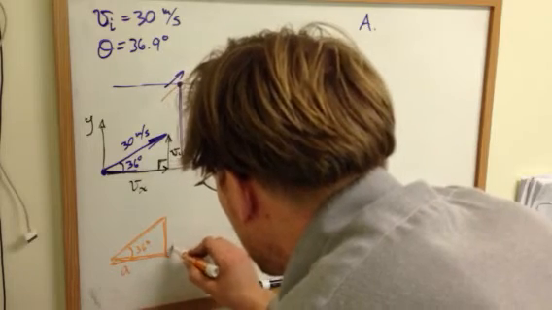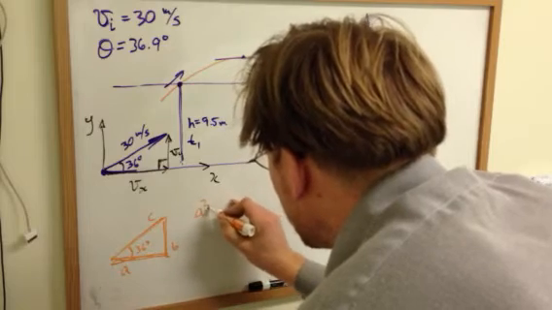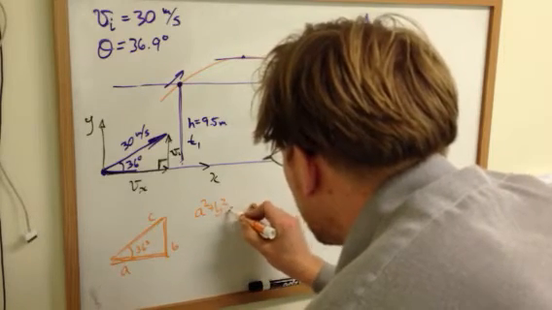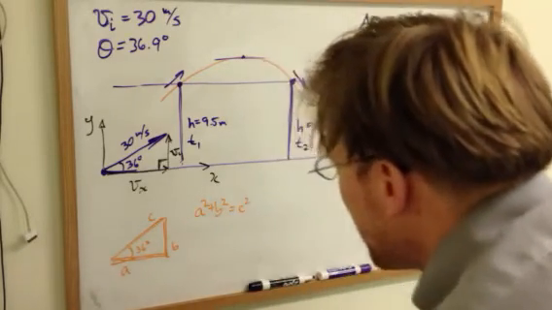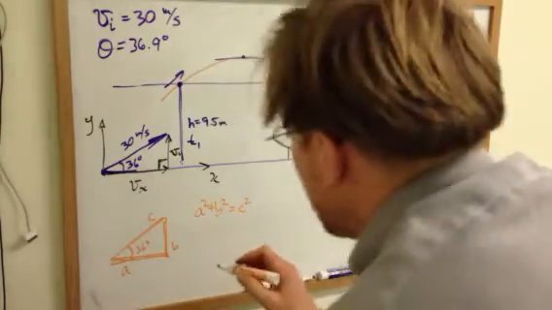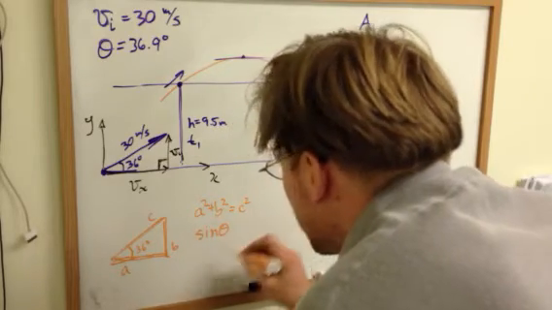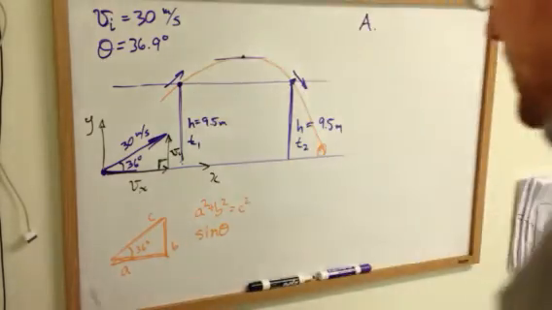We have a, b, c, and we can use Pythagoras, which is a squared plus b squared is equal to c squared. Or we can use trigonometry to find vertical and horizontal sides.